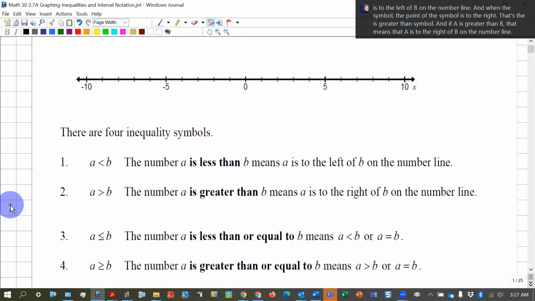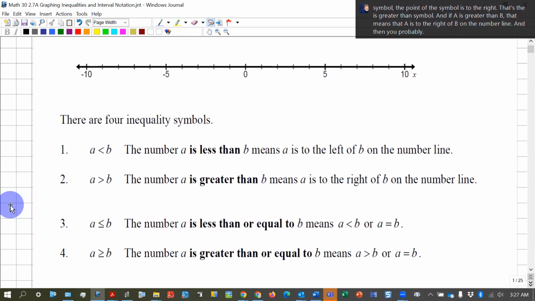And then you probably, maybe in your previous courses, have also seen the symbol for less than or equal to, and the symbol for greater than or equal to. If A is less than or equal to B, we have the less than sign with 1 bar underneath it.